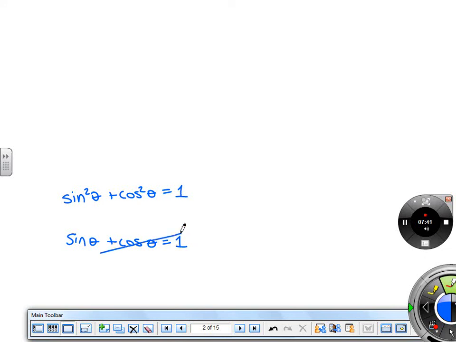No. Why is this not true just because this one is? Shannon? Okay, good. So it would be like y plus x over r squared, okay, or over r, and that's not going to equal the same thing. Like x plus y doesn't equal r. Only x squared plus y squared equals r squared.